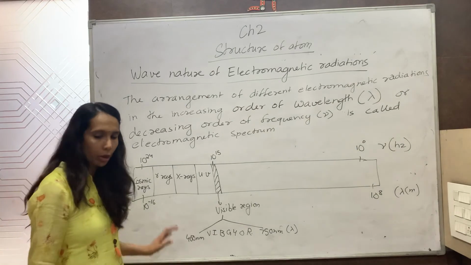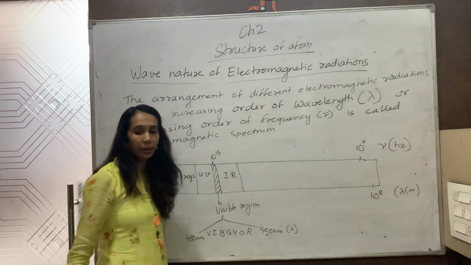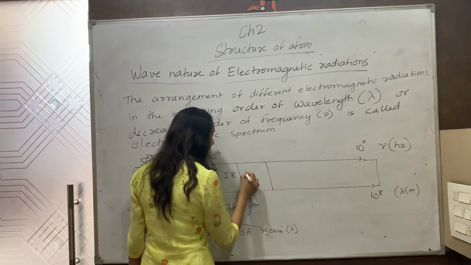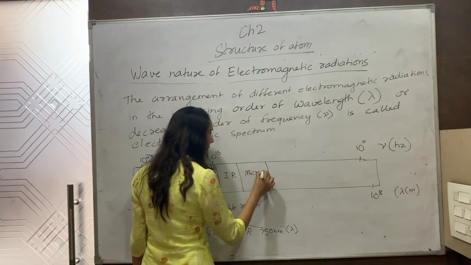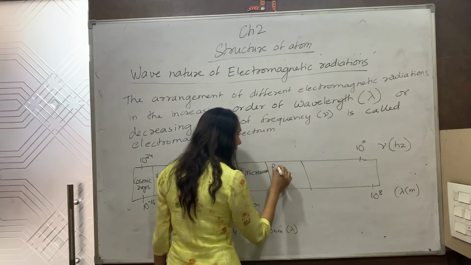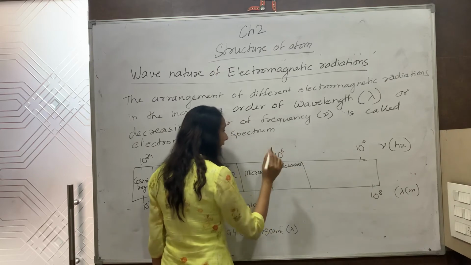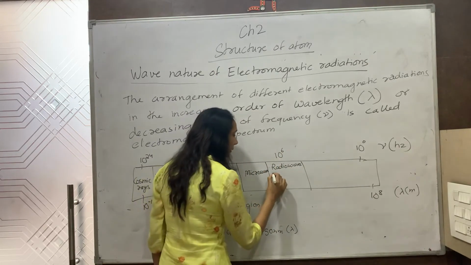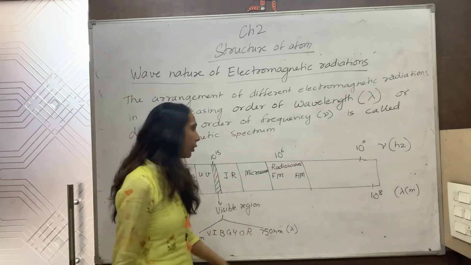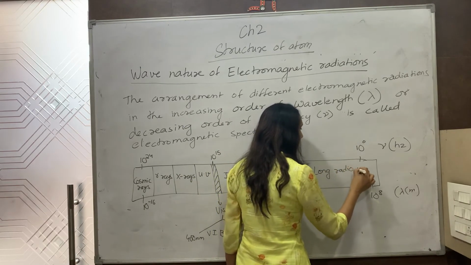After the visible region comes the infrared region. After the infrared region come the microwaves, and then the radio waves around 10 to the power 6 Hertz, FM, AM. And after the radio waves, we get the long radio waves.